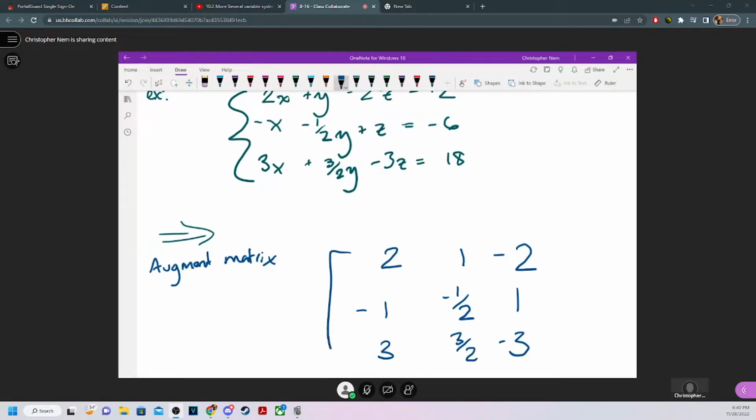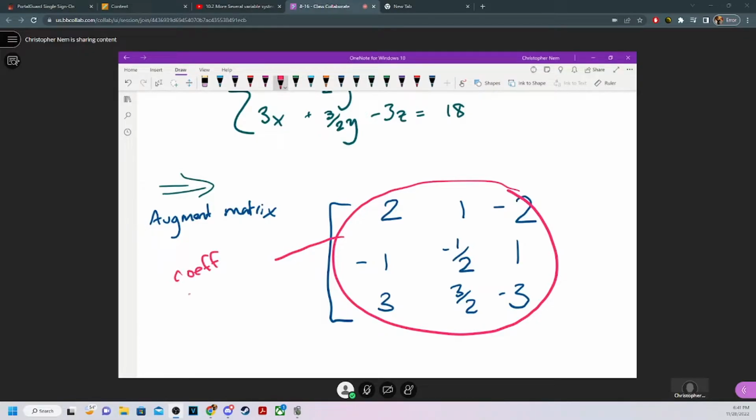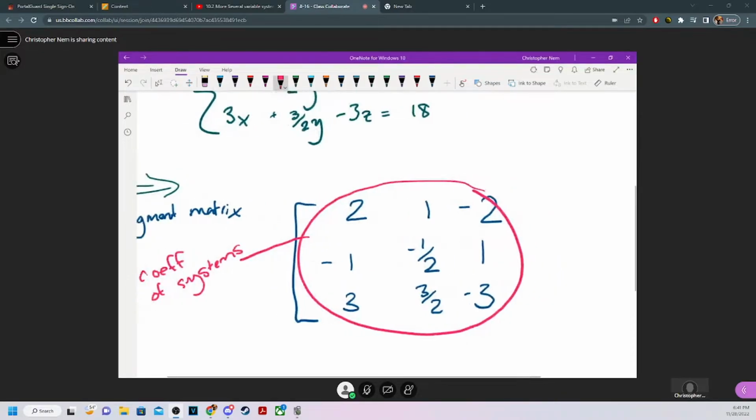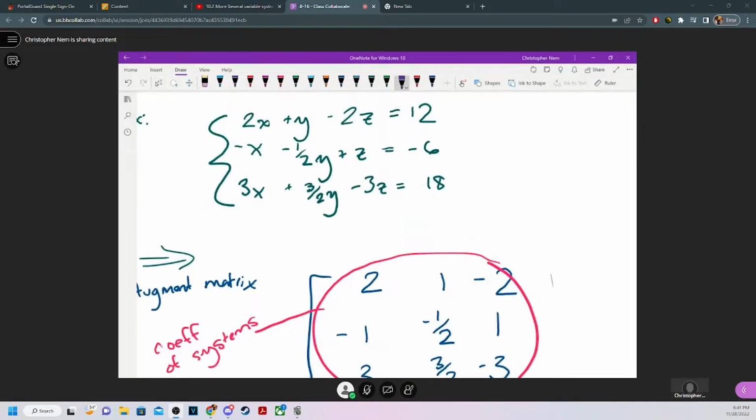These are going to represent the coefficients of the system. And then your last column is going to represent the constants. This is why we call it augmented. It's augmented when the last column refers to whatever our equations are equal to.